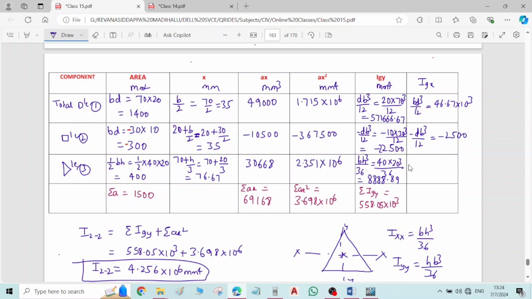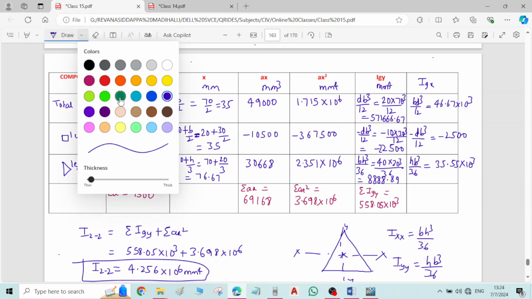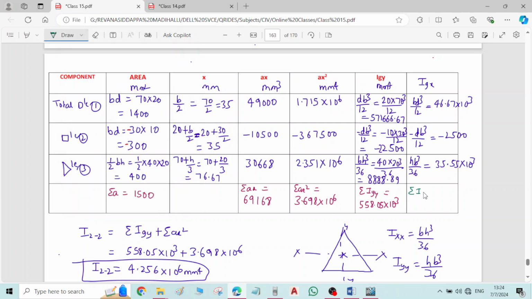Then here the formula is HB cube divided by 36. It will be 35.55 into 10 power 3.